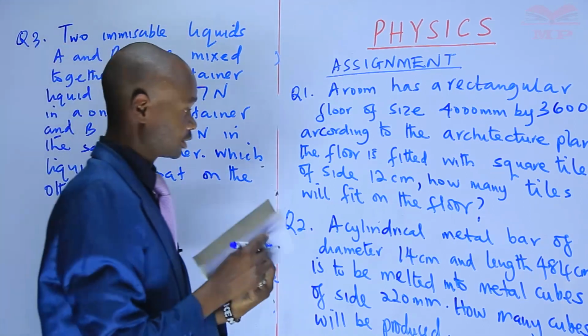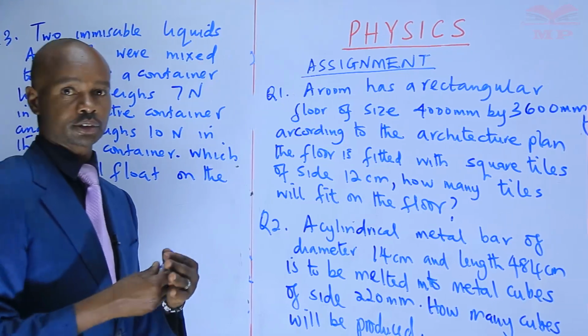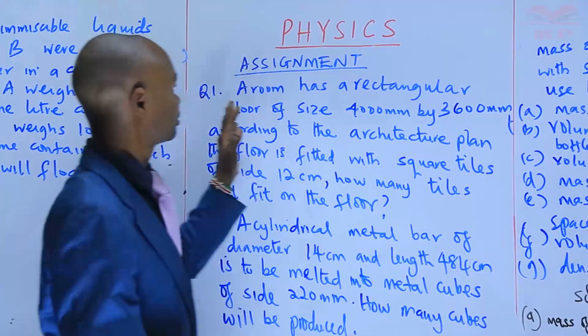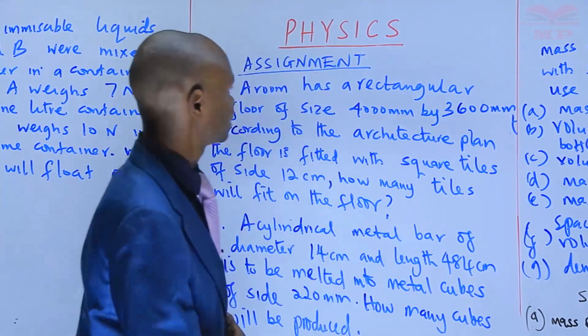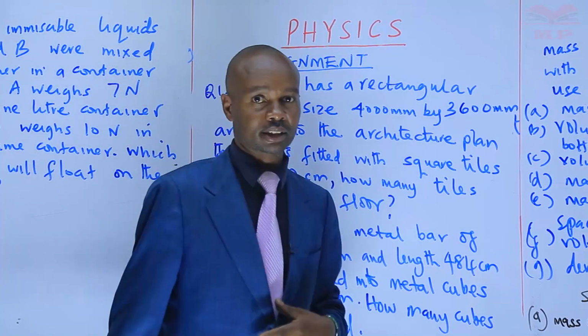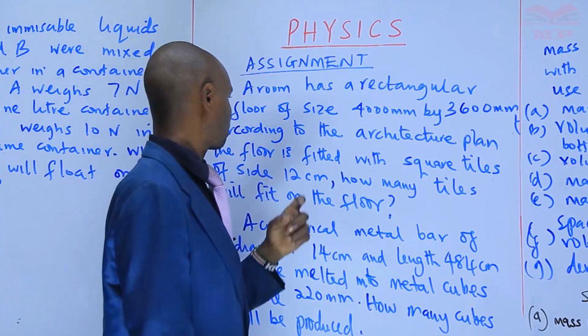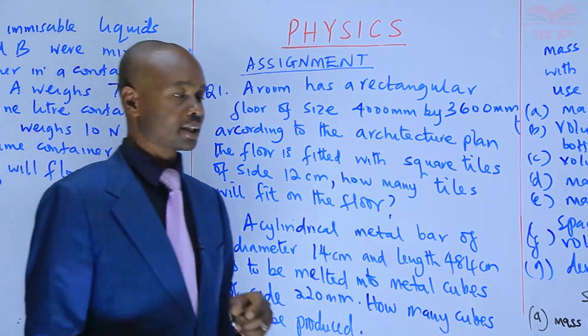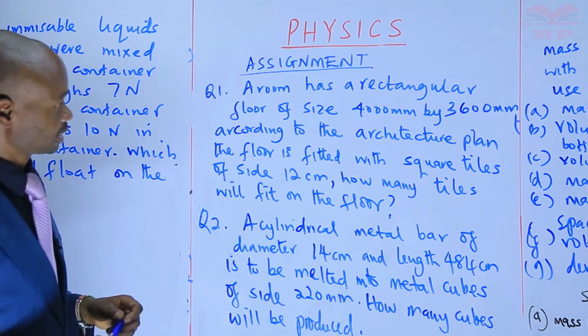So those are the questions. We'll go through the questions. Question 1. A room has a rectangular floor of size 400 millimeters by 3,600 millimeters according to the architecture plan. The floor is fitted with square tiles of side 12 centimeters.